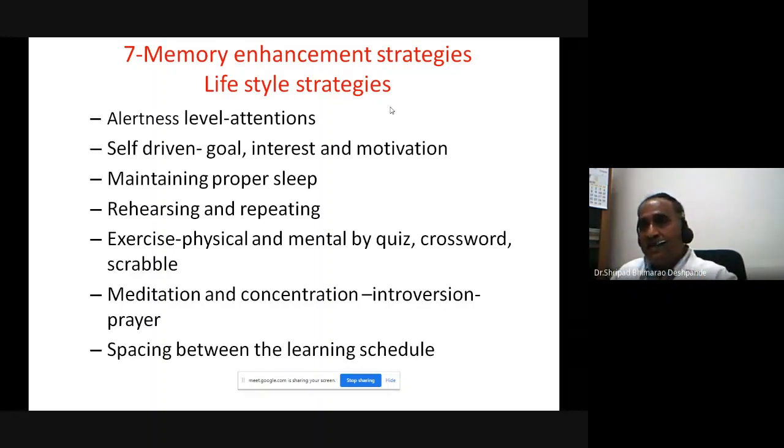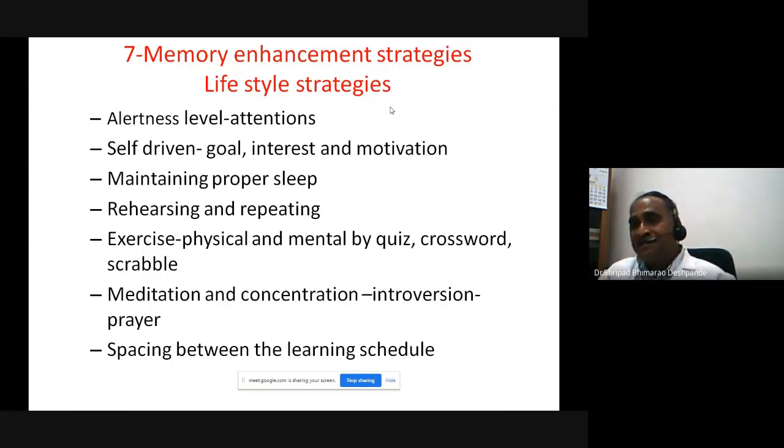You have to be self-driven to learn and try to remember. So you fix a goal for yourself, create an interest in that area, and motivate yourself strongly, and you can increase your memory.